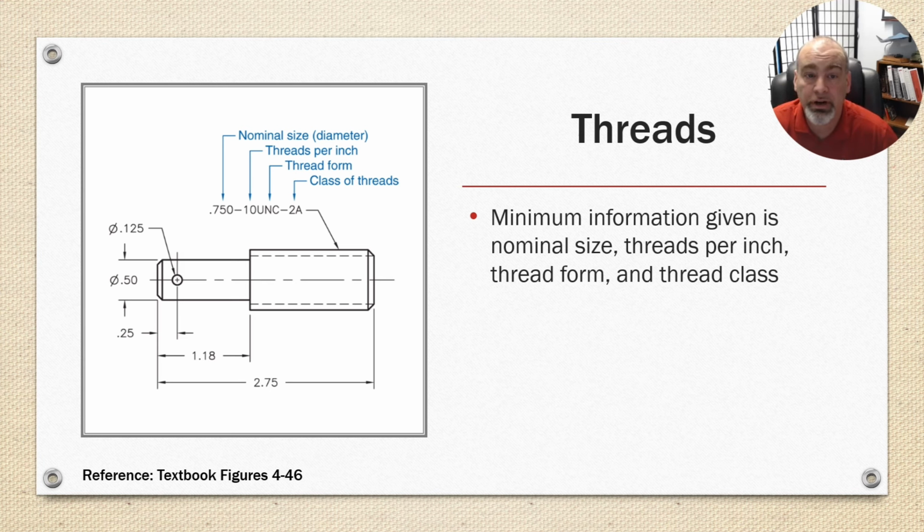This is a 3/4 inch by 10 bolt, so it's a 3/4-10 thread pitch, Unified National Coarse, and then the thread class of 2A: A means it's an external thread, B means it's an internal thread, and the 2 is the middle tolerance range for the system. So that's the thread tolerance you would get from an average hardware store.